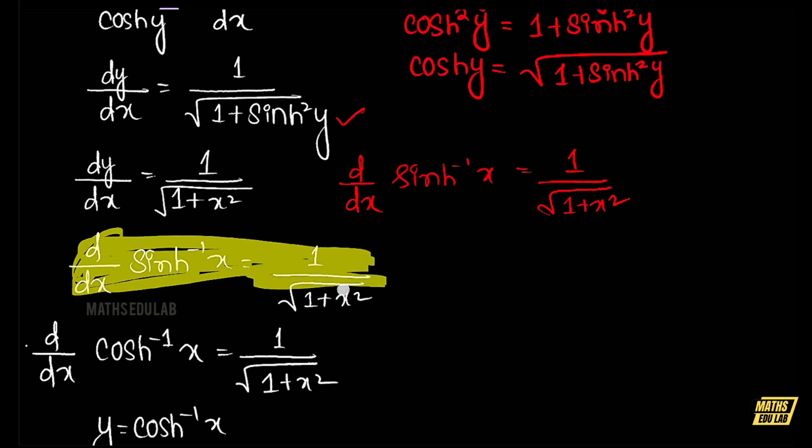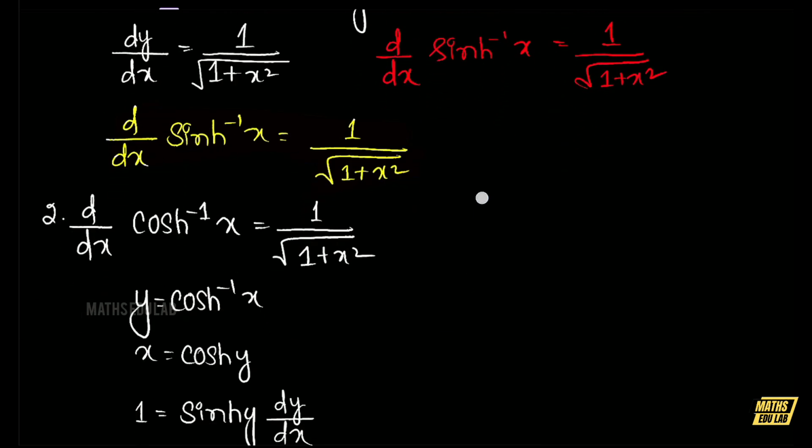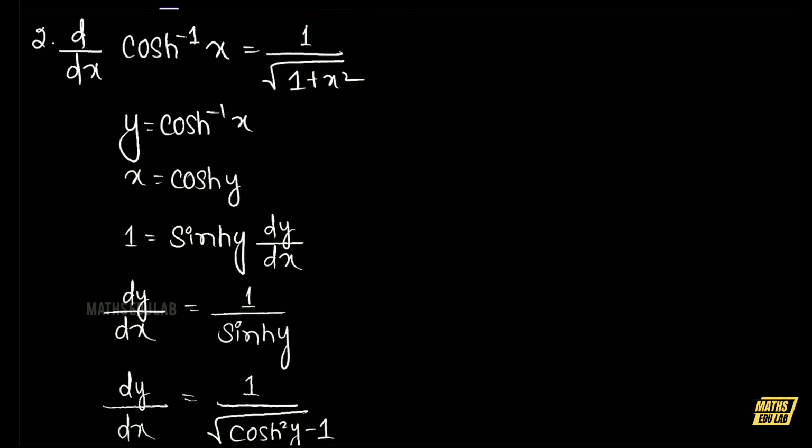Now the next formula is given, the derivative of cos hyperbolic inverse x, which is equals to 1 upon root over x square minus 1. The same steps have to be followed here.